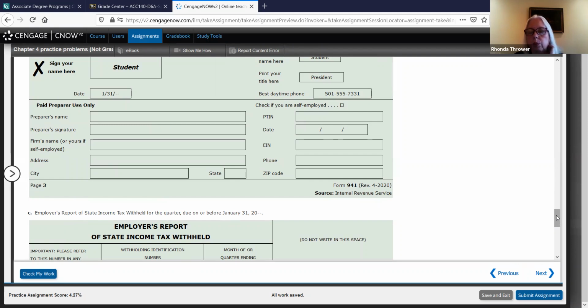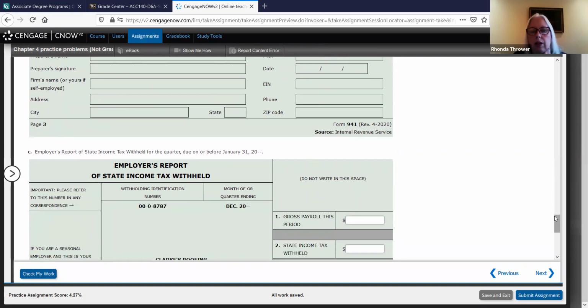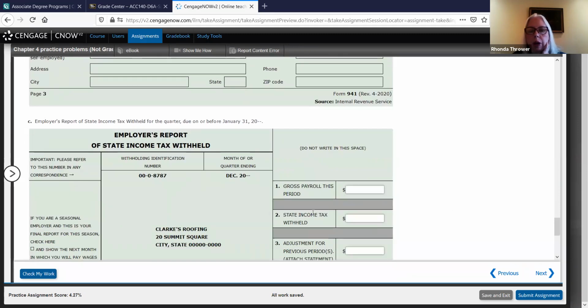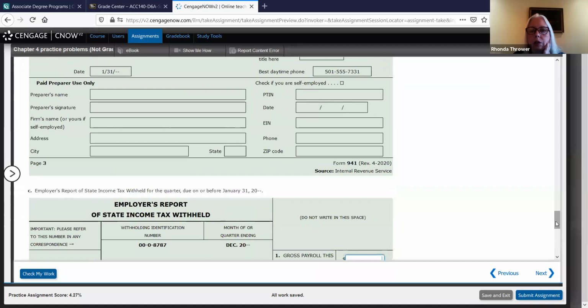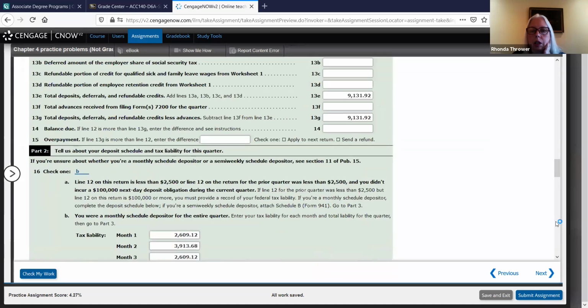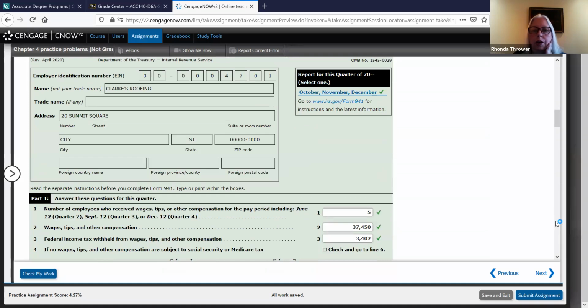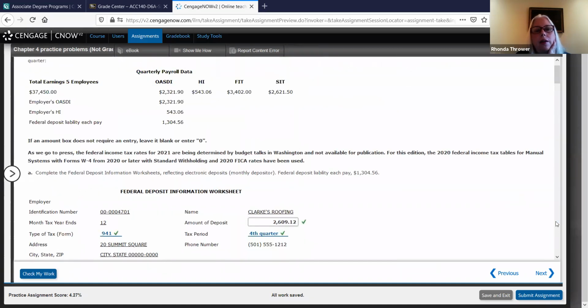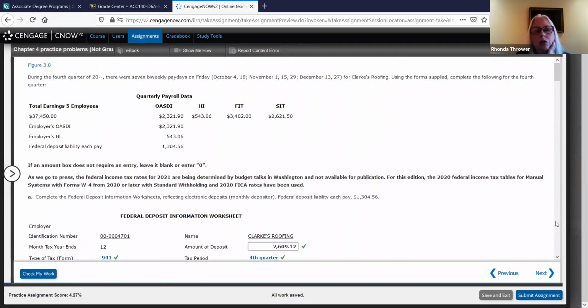Now, we haven't done a report for state income tax, but you just follow along with the boxes with the gross payroll for this period that was given. And the amount of the gross payroll was $37,450.